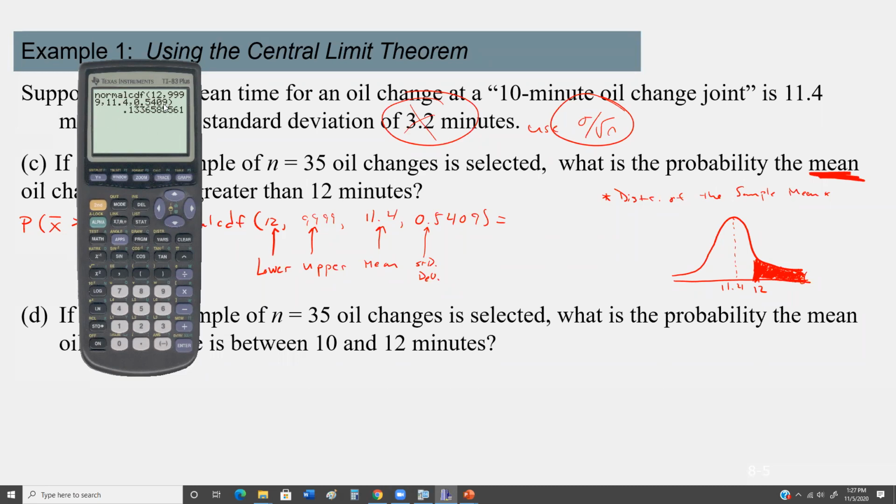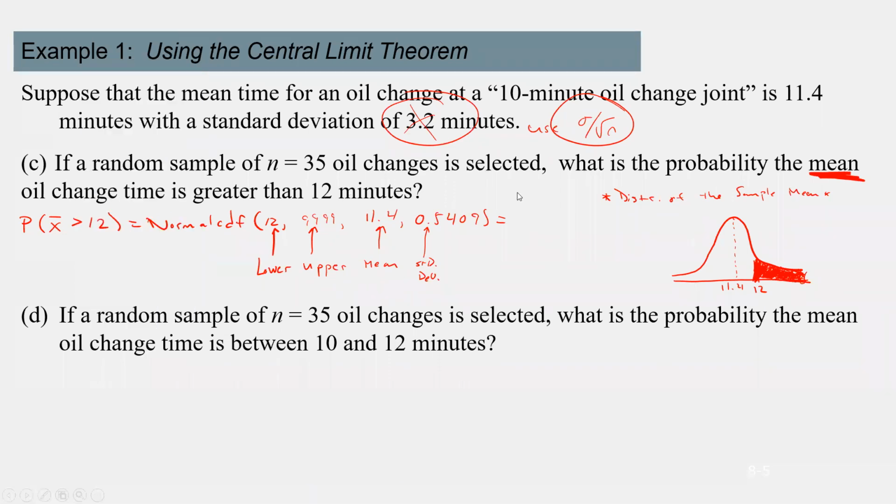Did anybody get this when they were doing it by hand, just out of curiosity, or doing it on their own with the calculator? 0.1337 when I round it. Perfect, perfect. All right, so what's easier, calculator or doing it by hand this way?